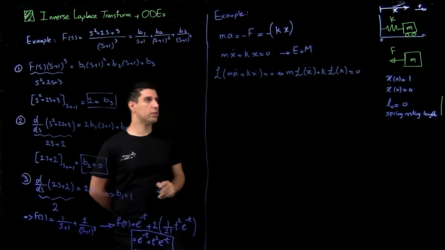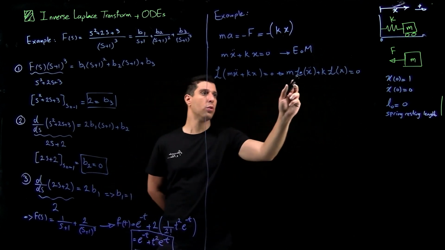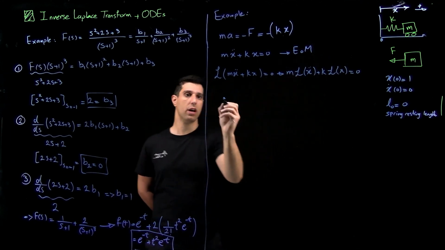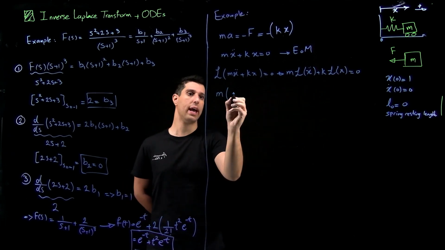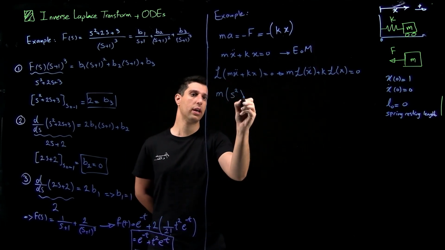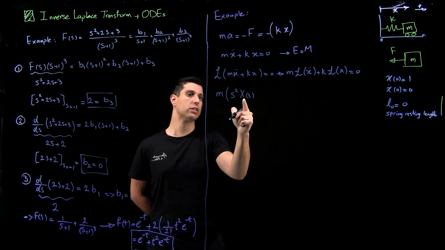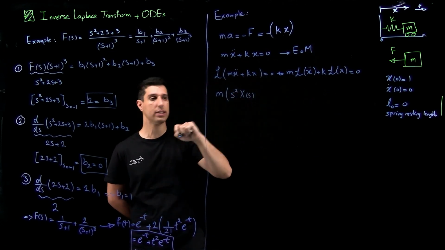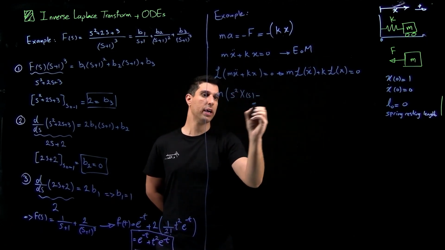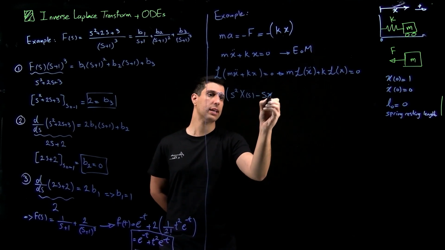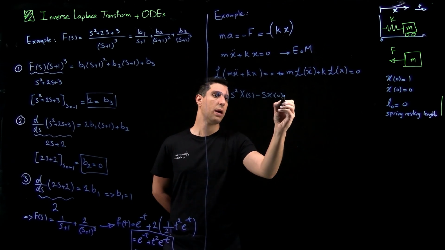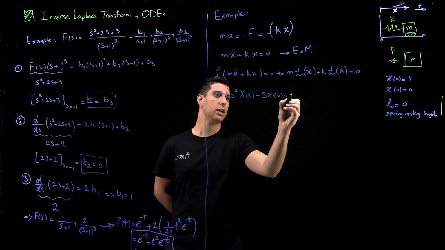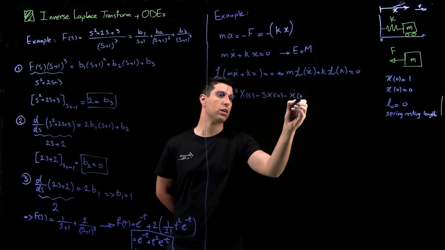From the properties of the Laplace transform, we know what the Laplace transform of x double dot is. So I have m times s squared X(s), where X(s) is the Laplace transform of x, minus s x(0), the initial condition in position, minus x dot(0).